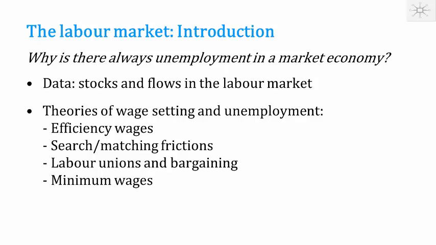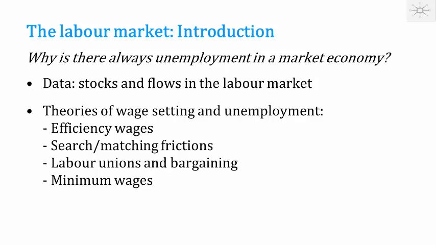In the beginning of the chapter, we look at the data, the stocks and the flows in the labor market. And then there's a review of different theories of wage setting and unemployment. The baseline theory here is going to be the so-called efficiency wage theory.